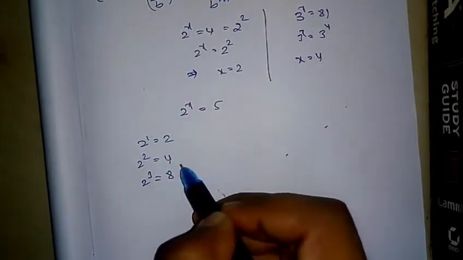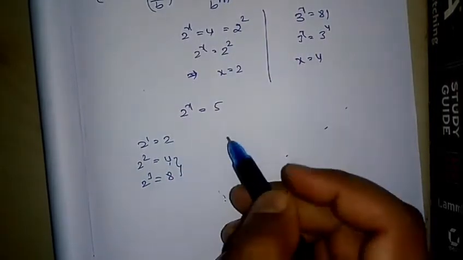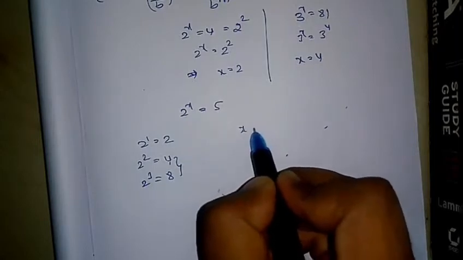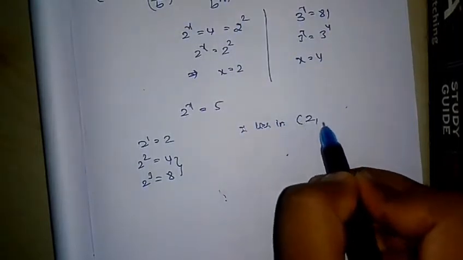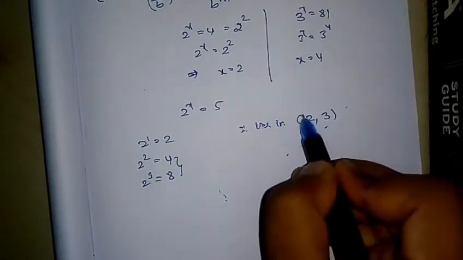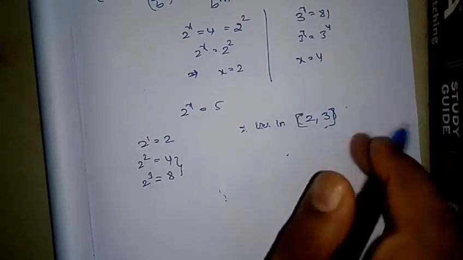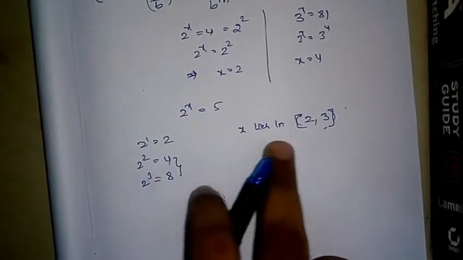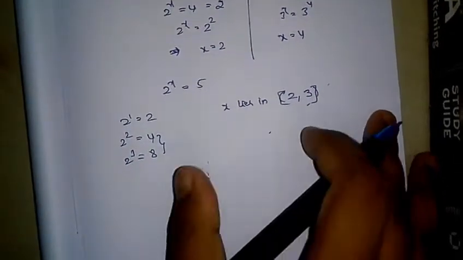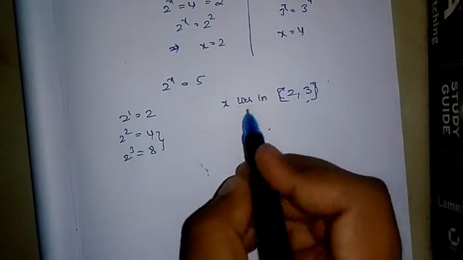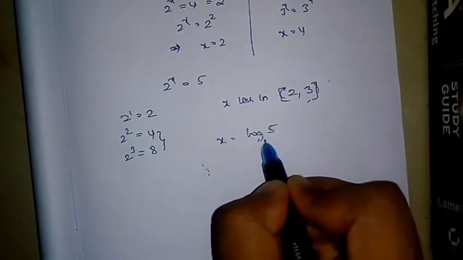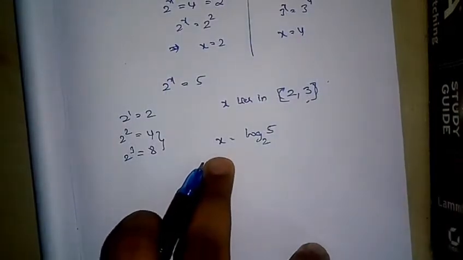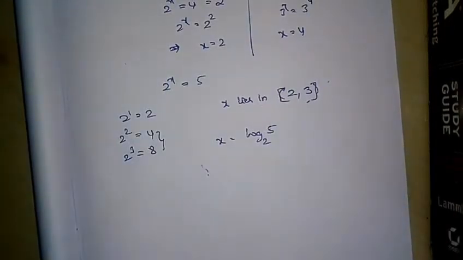So 5 lies somewhere between 4 and 8. That means x lies in the interval 2 comma 3. So how to find x? To find x, logarithms are defined. So x can be written as logarithm of 5 to the base 2. So this is the solution for 2 power x is equal to 5.